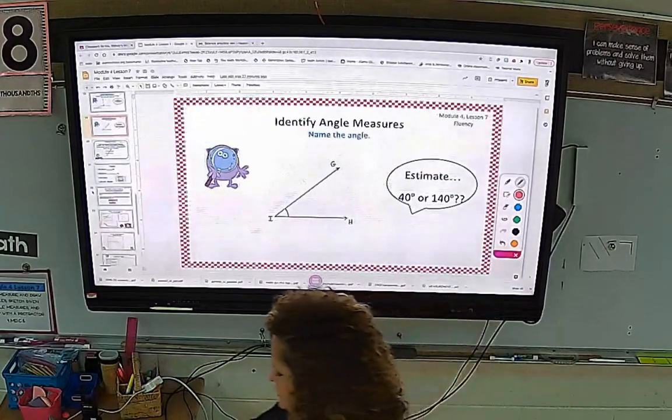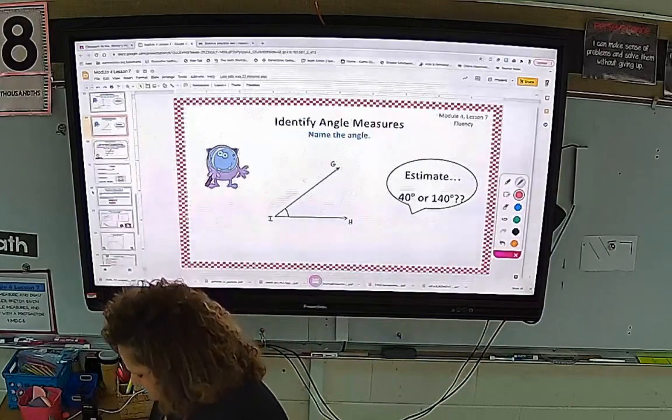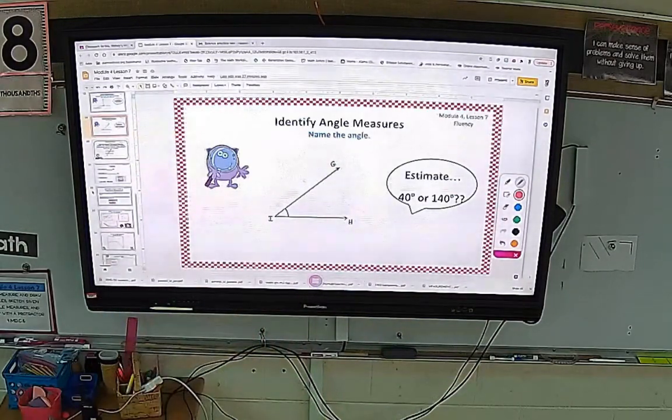All right, so this is what we're going to do. I'm going to give you just a few minutes, and I'm also going to have you working with somebody. You are both in your own book going to measure the angles and write down with your pencil how big you think it is.